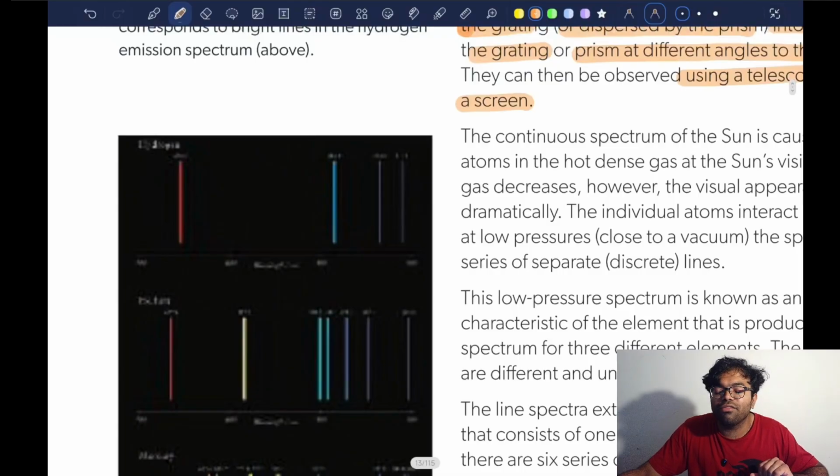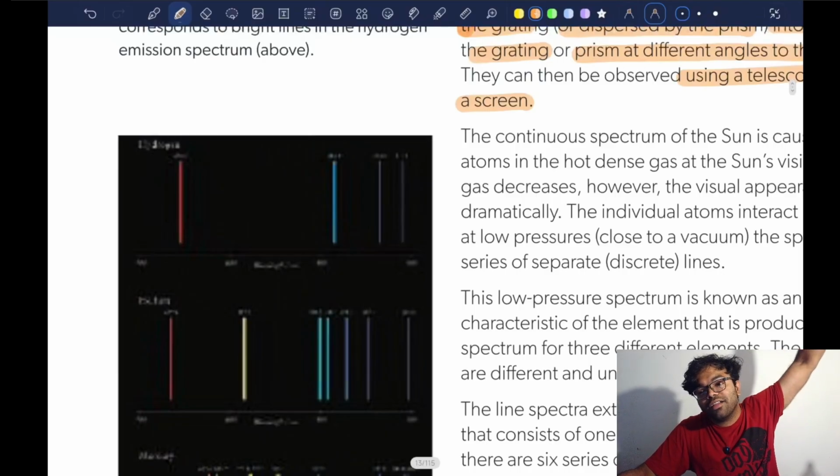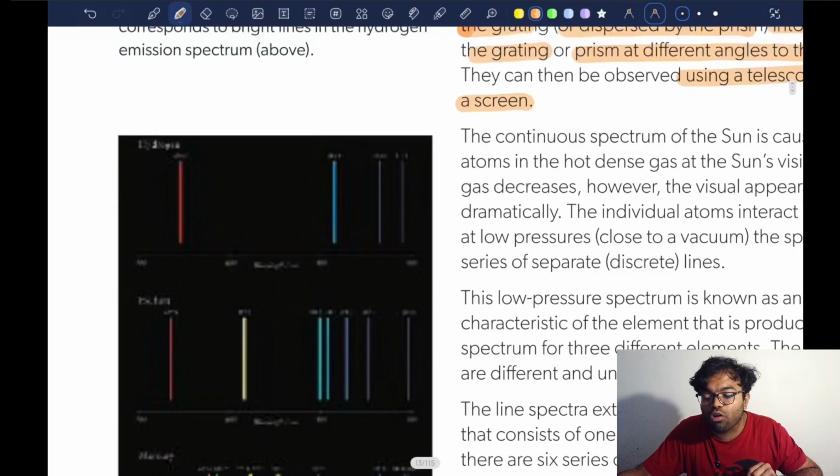Now, with this information, what have we done? We are now able to observe what all elements are present inside a certain material. We were able to take this information and go to Mars and observe the soil of Mars and see what all elements are present in the soil of Mars. This is known as spectroscopy.